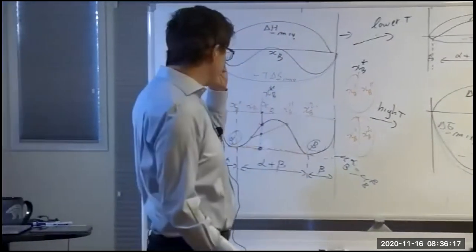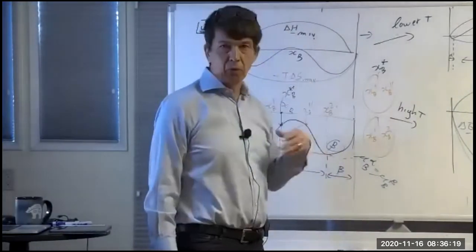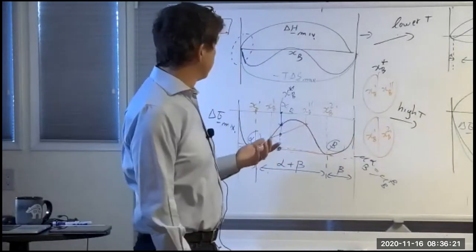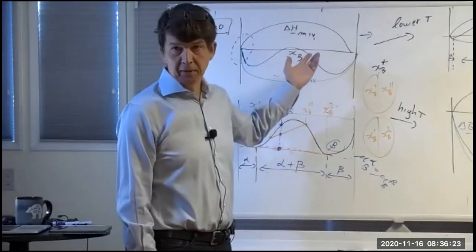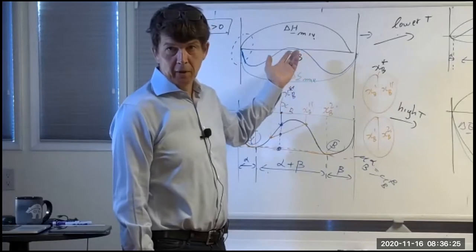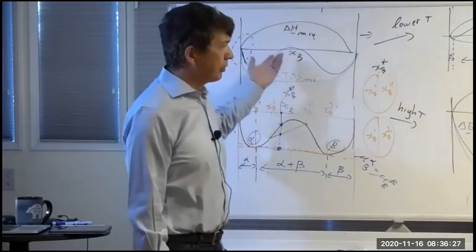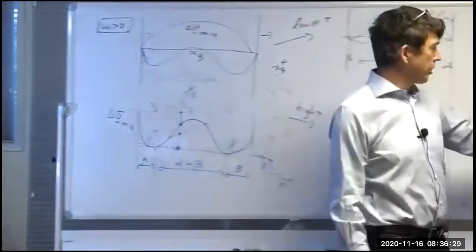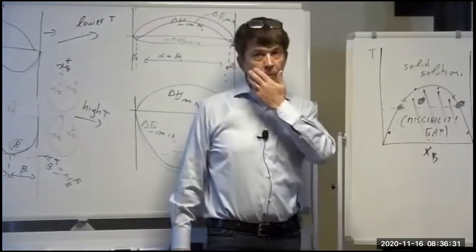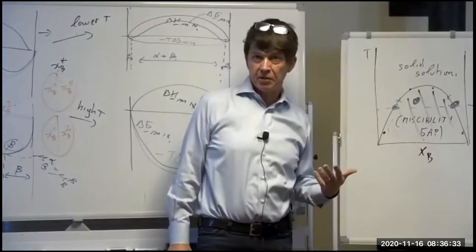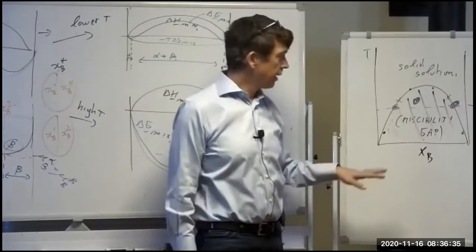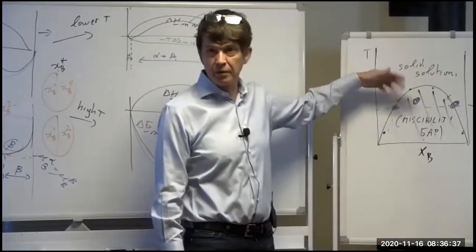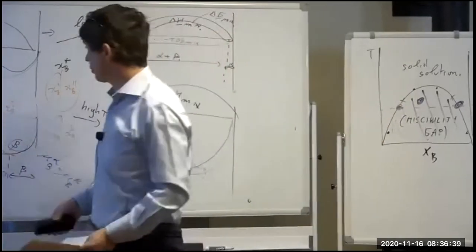What you have to take away here is that when omega is positive, the enthalpy favors unmixing, right? Which means at lower temperature, indeed, you don't want to mix. But the entropy, of course, always favors mixing because you make more states when you mix. And so there's a temperature where the entropy wins, and that's where you become a solid solution.